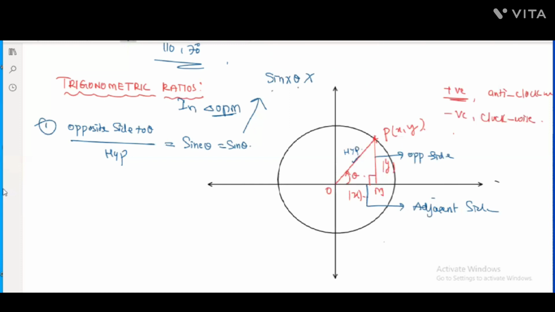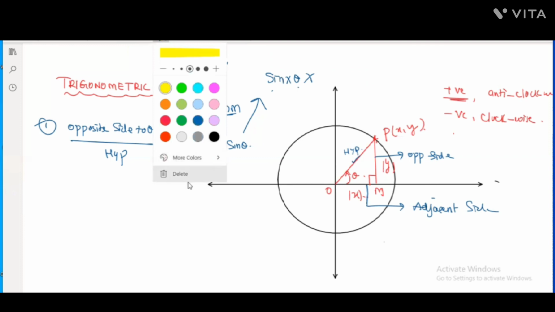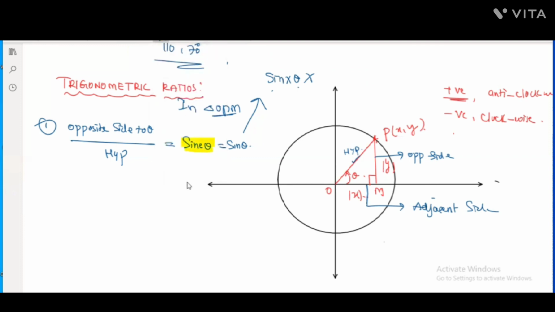Sin theta is completely one term, so only when we write theta does it have a meaning. So opposite side to theta by hypotenuse is named sin theta. The original name is sine theta, and in short form we call it sin.